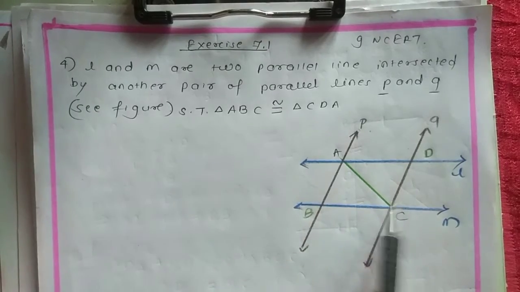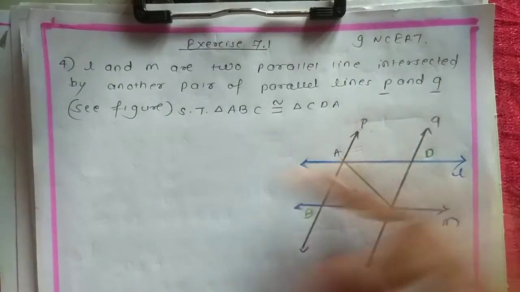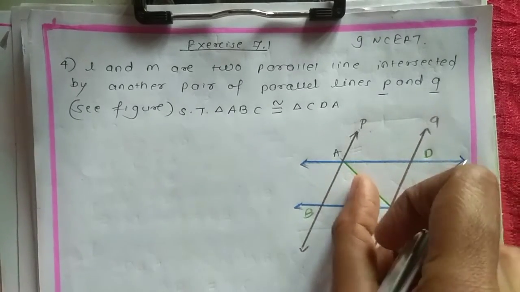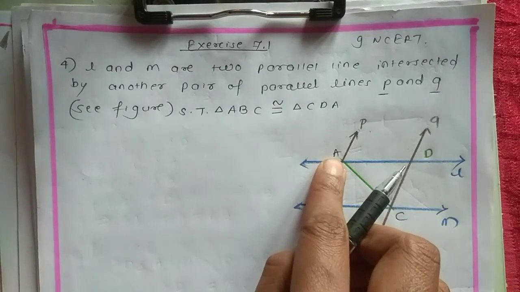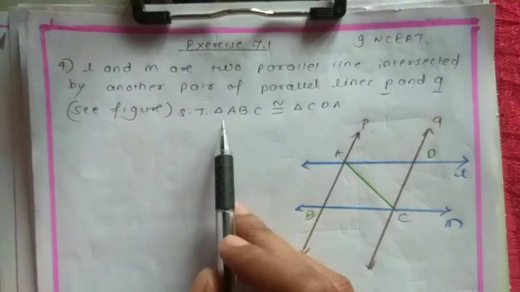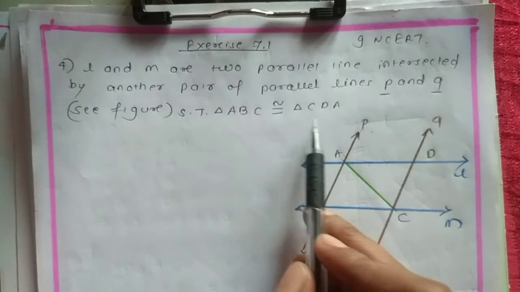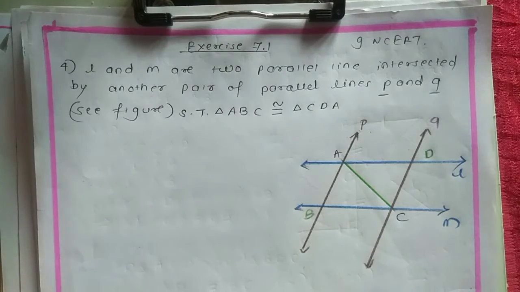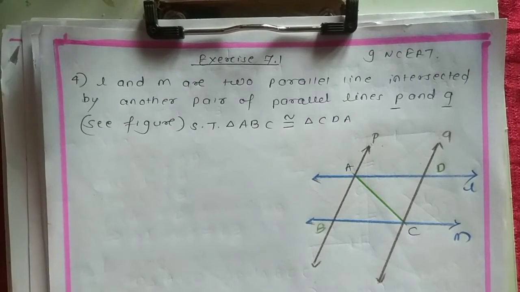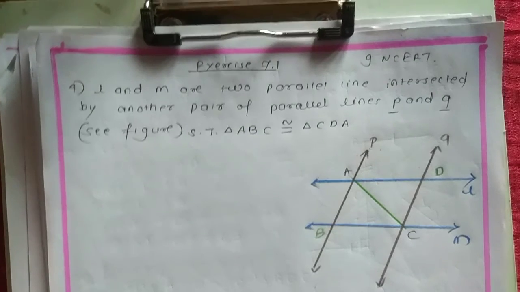AC is common here, and if you rotate this, C and A will exactly match, and D and B will exactly match. So you have to match the corresponding parts of ABC with CDA and show it.